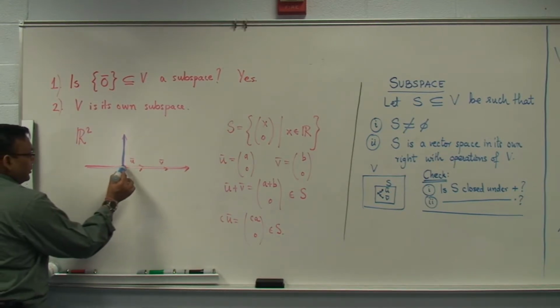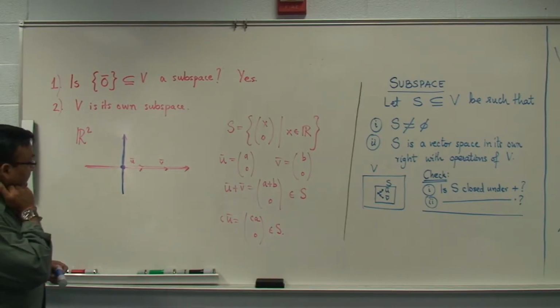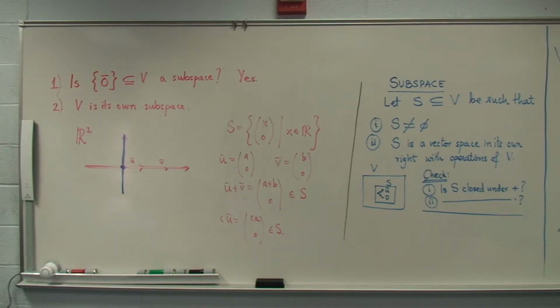One thing you should see in common in both subspaces is that the 0 vector was common. And the 0 vector will always be part of any subspace. In fact, it's a very simple test. If your set does not have the 0 vector, or the so-called 0 element, then that set cannot be a subspace.